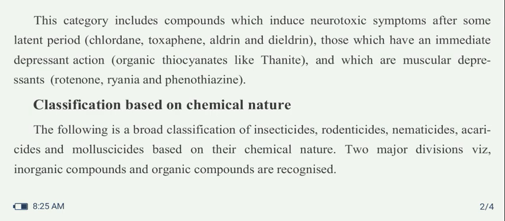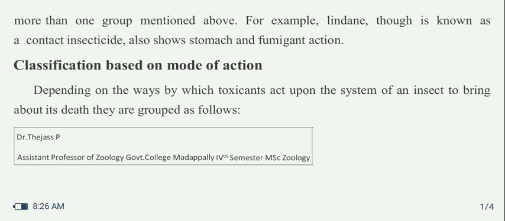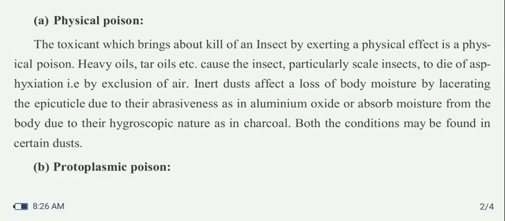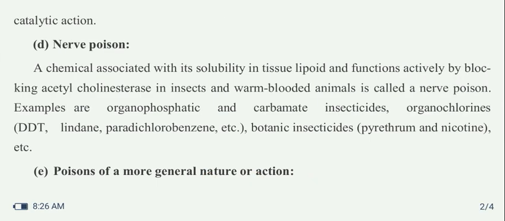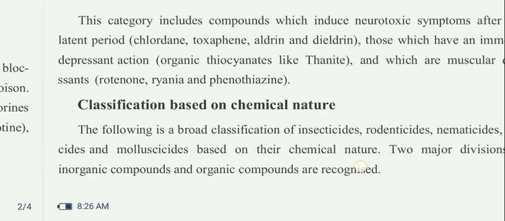Then those which have an immediate depressant action, organic thiocyanates like lethane, and those which are muscular depressants, rotenone and phenothiazine. So this is the classification based on mode of action: physical poison, protoplasmic poison, respiratory poison, nerve poison, poisons of more general nature or action.